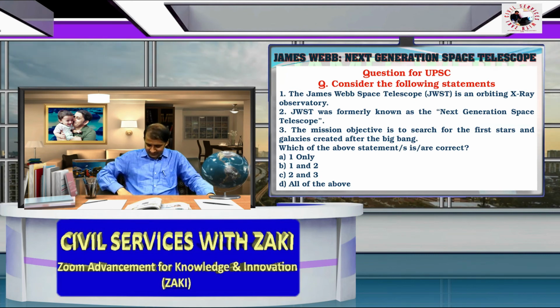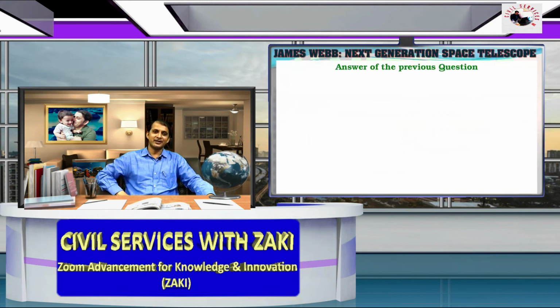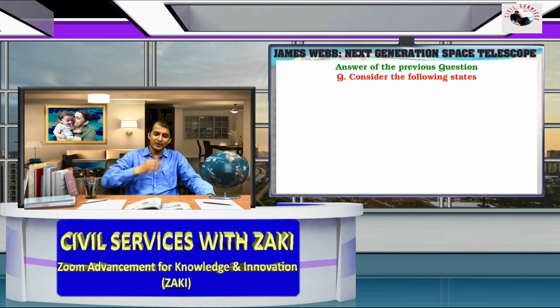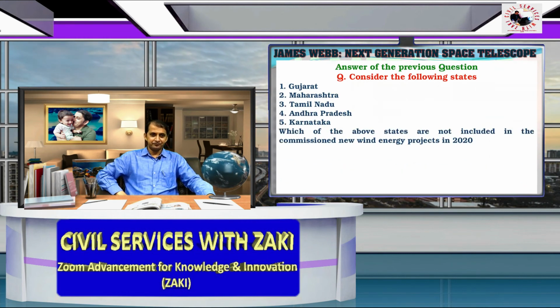Then we move forward and see our next section, which is the answer to the previous question. Consider the following states: Gujarat, Maharashtra, Tamil Nadu, Andhra Pradesh, Karnataka. Which of the above states are not included in the commissioned new wind energy projects in 2020?